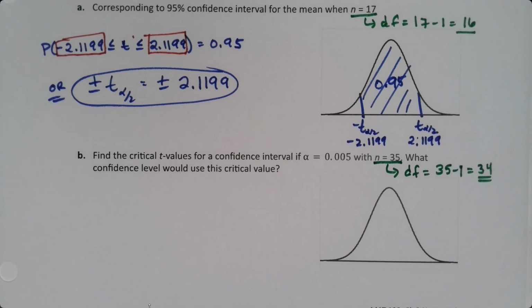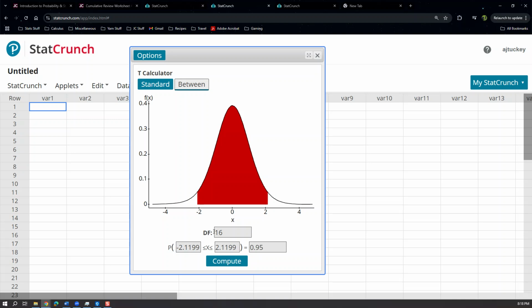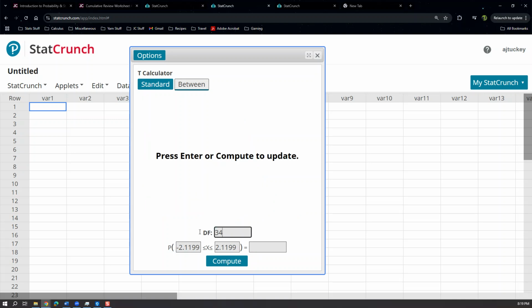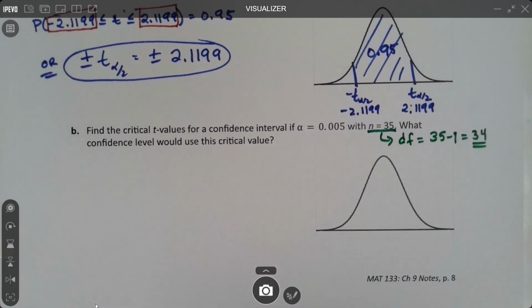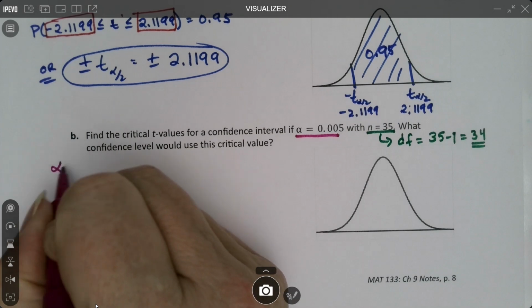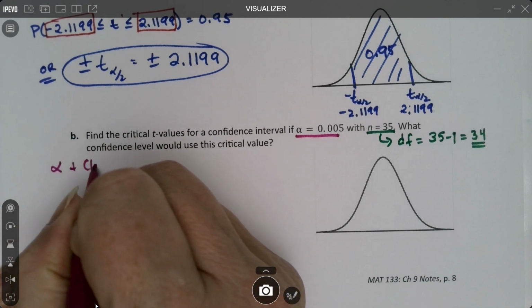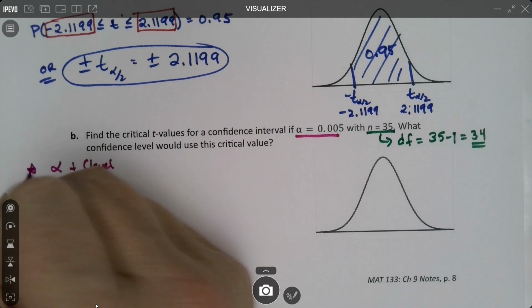Now, when I go into StatCrunch and put in 34 right here for my degrees of freedom, over here I need to have my confidence level on the right, but I don't have the confidence level. But I could find it, because remember, alpha and the C level are complements.